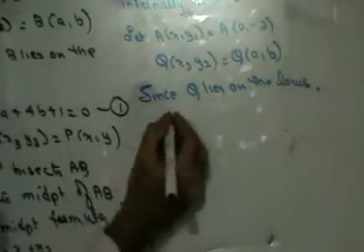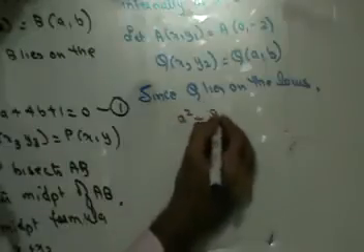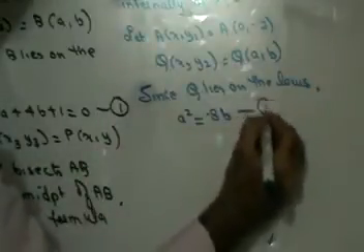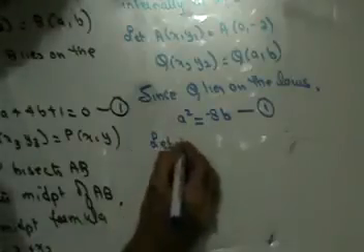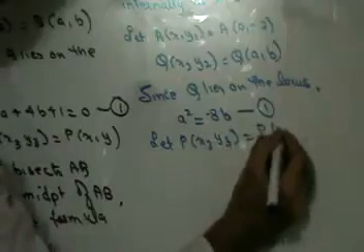So I can say that a square is equal to minus 8b. Instead of x I am writing a, instead of y I am writing b. Let's call this equation 1. Let P (x3, y3) be equal to P (x, y).